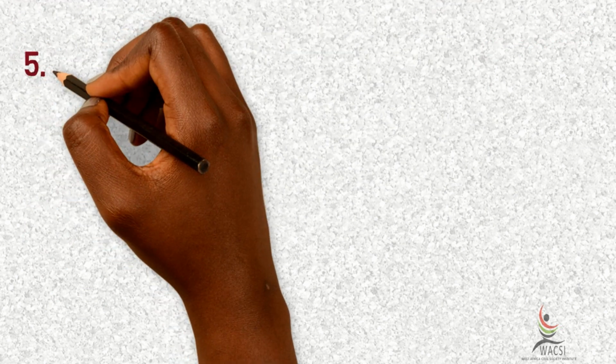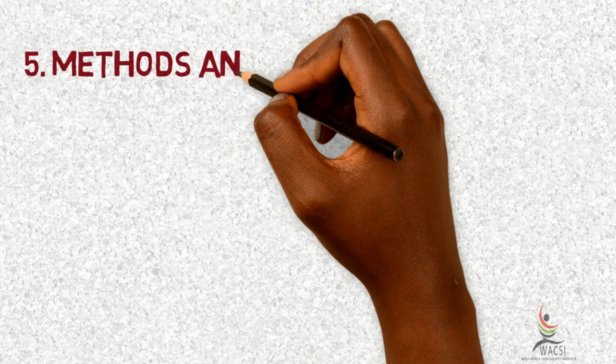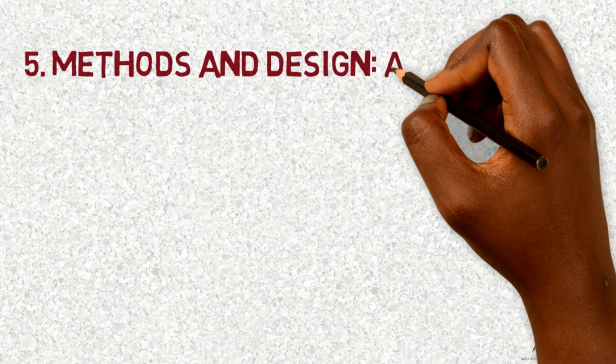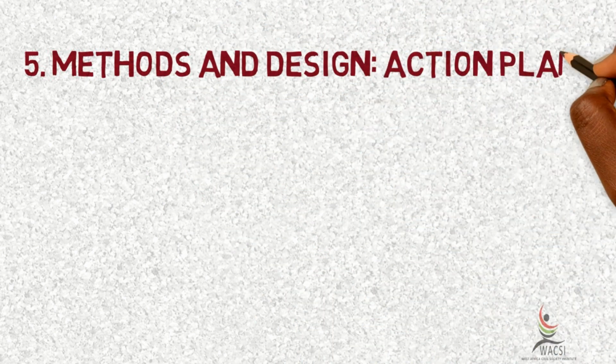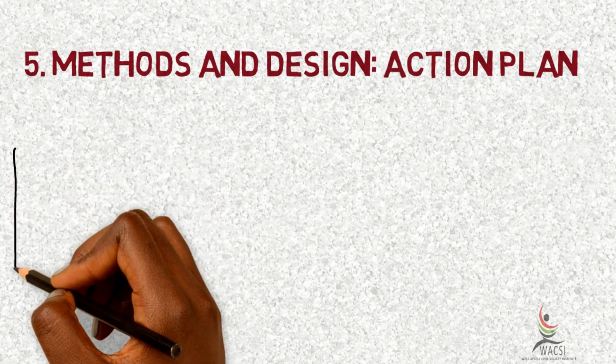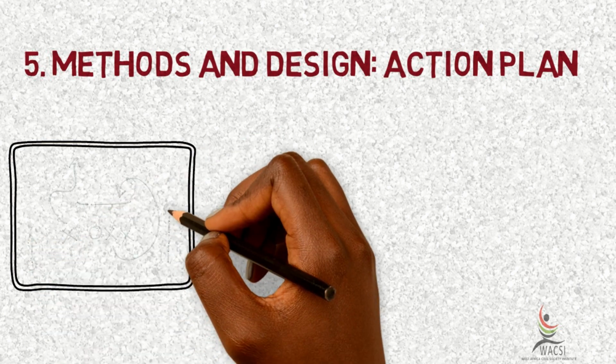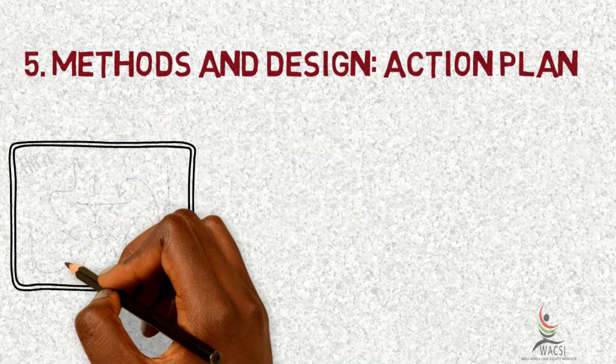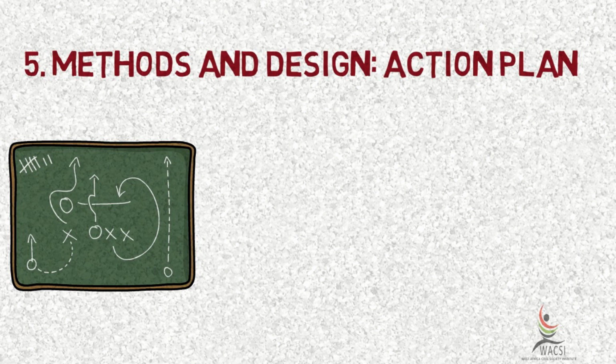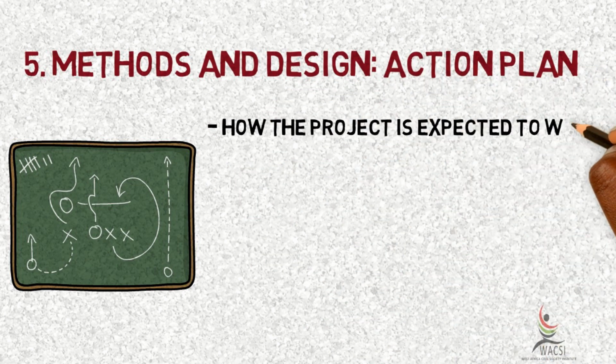Number 5, the methods and design. Your action plan. So this is the part where you highlight the various activities or the methodology in which you're going to respond to the problem, how the project is expected to work, how the project will solve the stated problem.